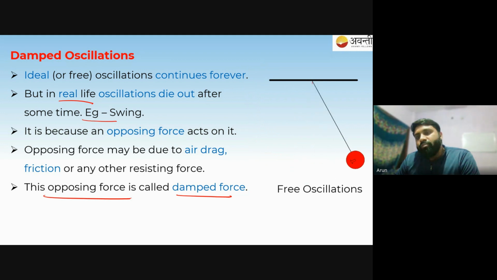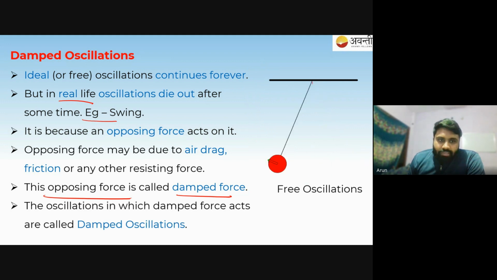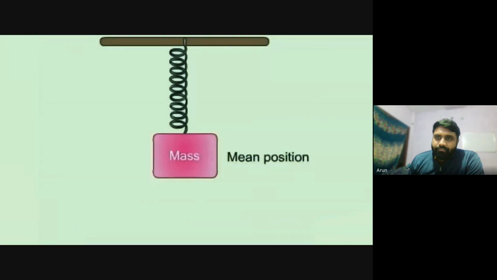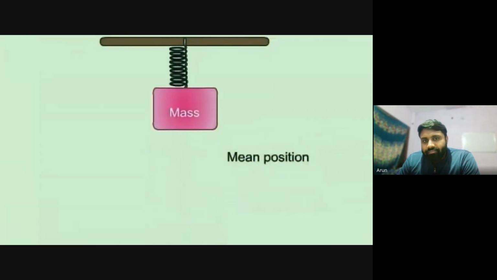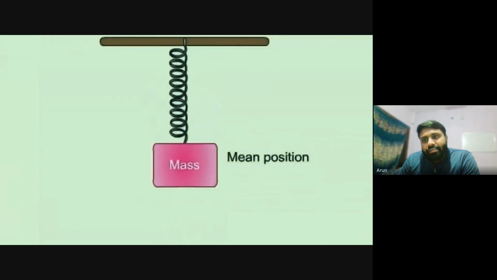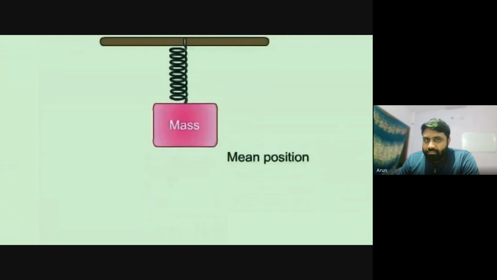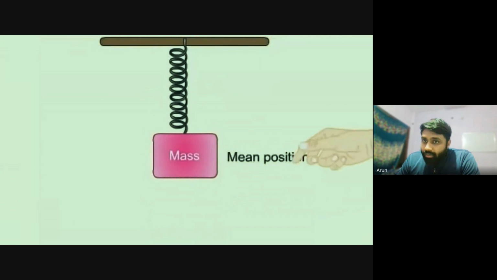Mainly these damping forces are air drag, you can say, or friction. Now, the oscillation in which a damping force acts is called damped oscillation. If you consider this example, we have displaced this spring from the mean position and it is continuing its motion. Okay. But slowly, what you will see is that it stops.